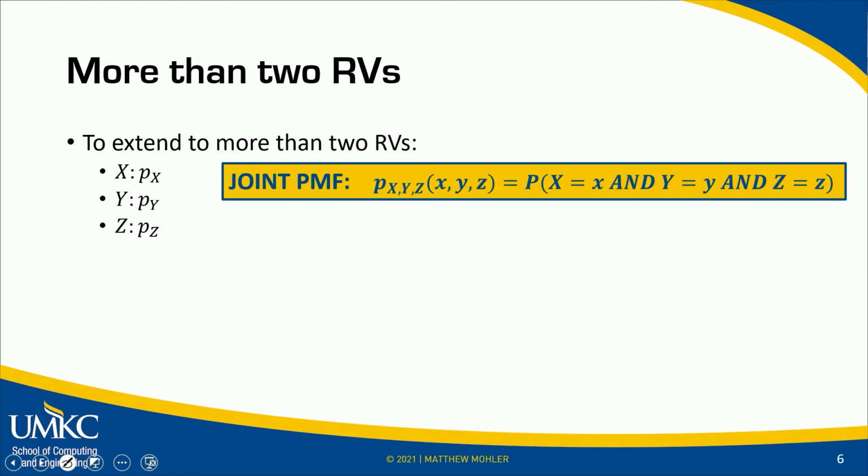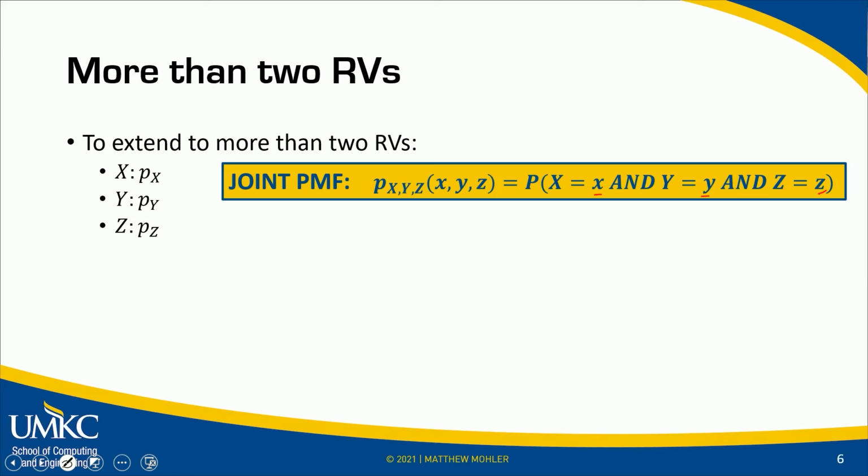We would say that the joint probability mass function for 3 random variables would be the PMF of X, Y, and Z for a given little x, little y, and little z. And that would be equal to the probability that the random variable X is equal to little x, that the random variable Y is equal to little y, and that the random variable Z is equal to little z. So very much the same type of thing that you would expect in this type of situation.